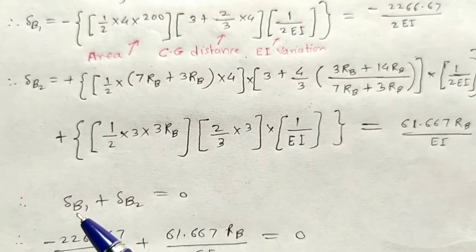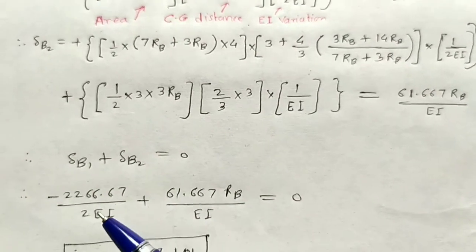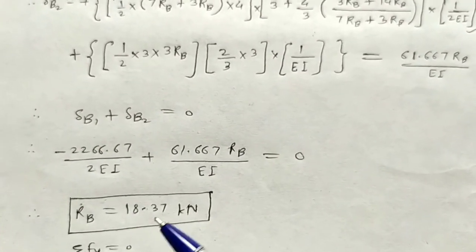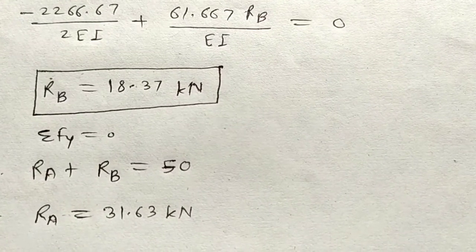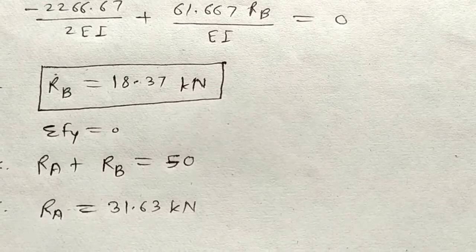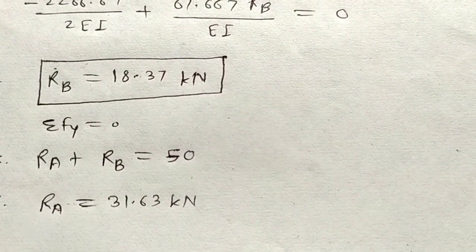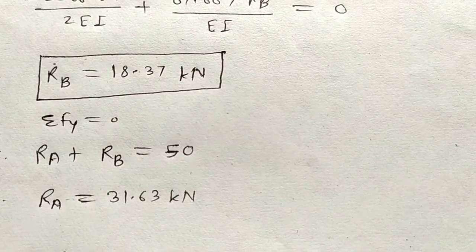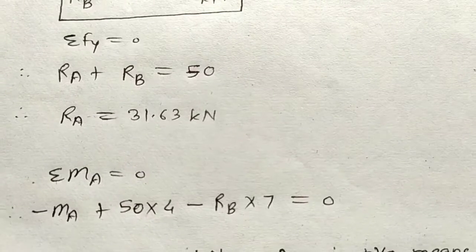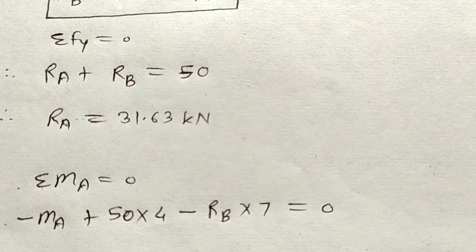Now just apply the compatibility condition, delta B1 plus delta B2 equal to 0. Likewise you are getting reaction RB. After getting RB, apply the equilibrium equations. Here I applied summation Fy equal to 0, so RA plus RB must be equal to 50. So we are getting RA. The next equilibrium equation is taking moment about point A equal to 0.